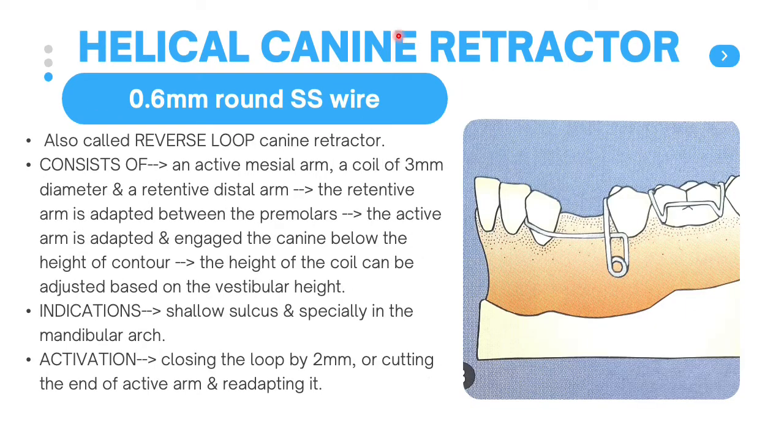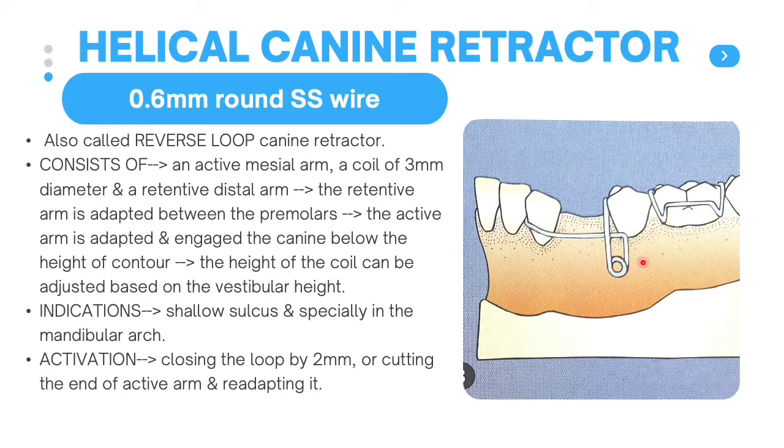Helical canine retractor uses 0.6 mm round stainless steel wire. It's also called reverse loop canine retractor and it consists of active mesial arm, a coil of 3 mm diameter and a retentive distal arm. The retentive arm is adapted between the premolars and the active arm is adapted and engage the canine below the height of contour.